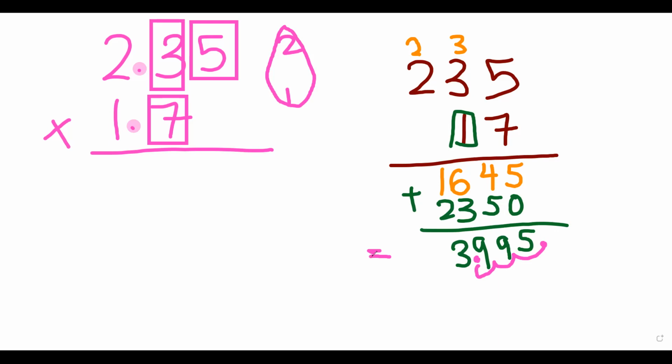So the answer will be 3.995. So I multiply as a whole, I come back to the decimals, I count how many digits after the decimal point. Here you have 2. Here you have only 1. So the summation is 3. You will count 3 digits from the right: 1, 2, 3. So here will be the decimal point.